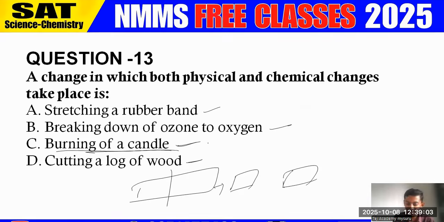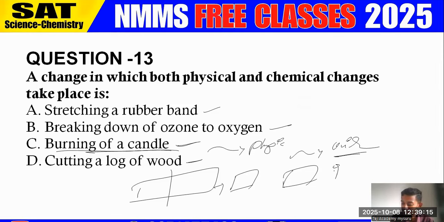Whereas burning of a candle is a physical change, and after you heat that, it will convert into air, so there will be a production of some gases. So that's how it is both a physical and chemical change. For question number 13, the correct option is option C, that is burning of candle.